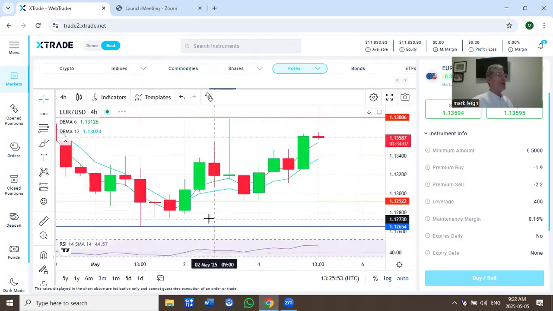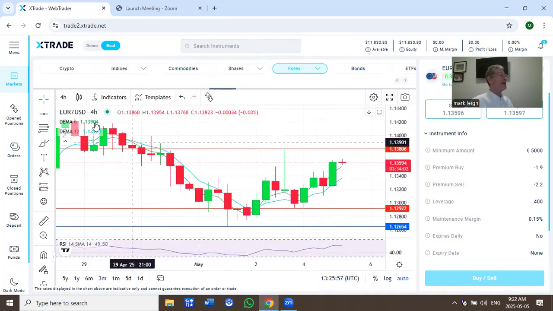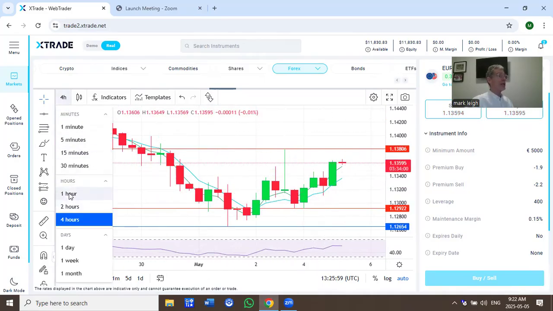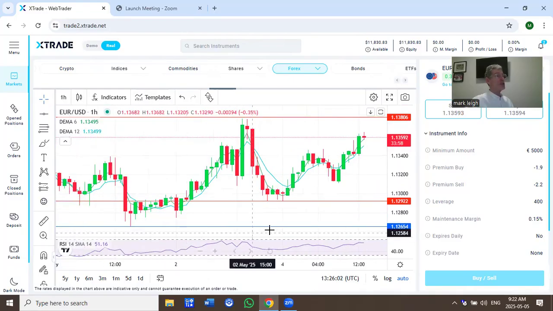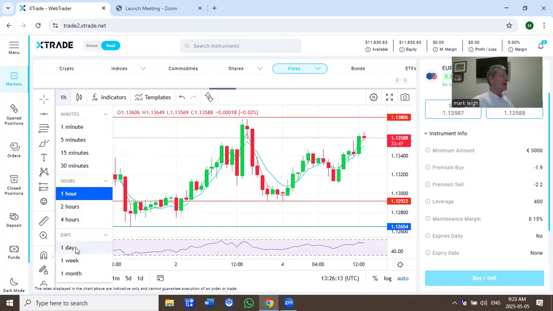On the 4-hour, the trend has crossed to the upside and we've got an uptrend, and it will be even stronger on the hourly. There you can see the uptrend on the hourly, hanging around 113.60 with resistance a little higher at 113.80.